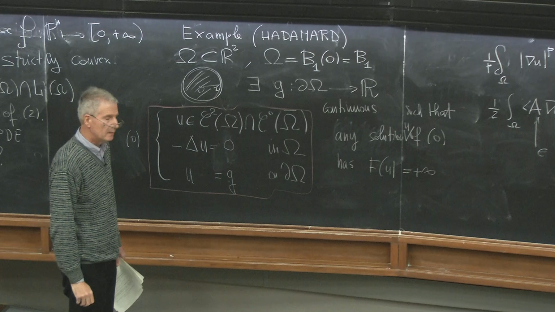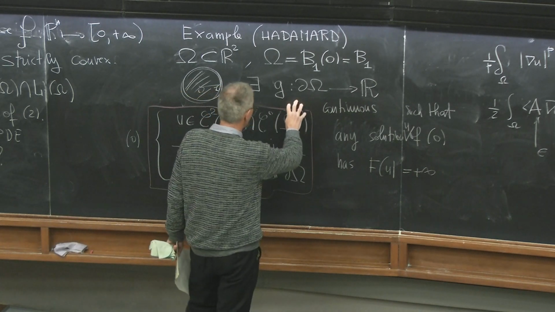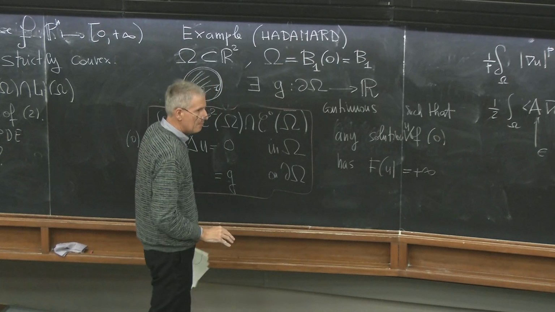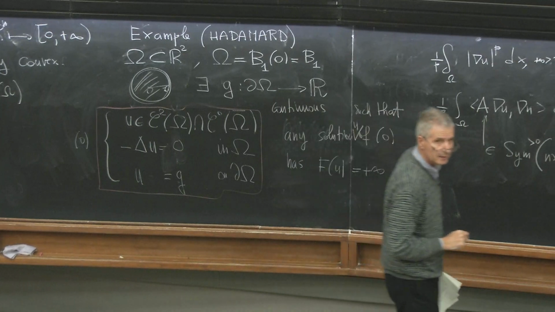What does it mean? It means that the solution that we can construct in this example will never be a minimizer of that. Never.